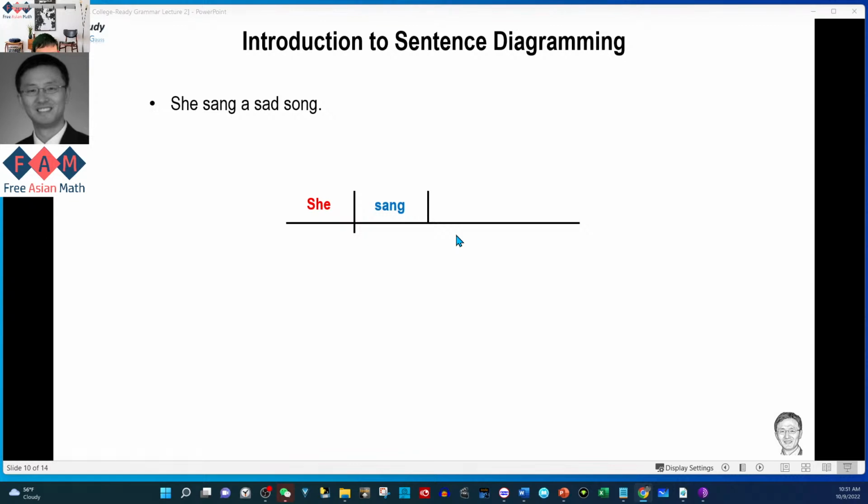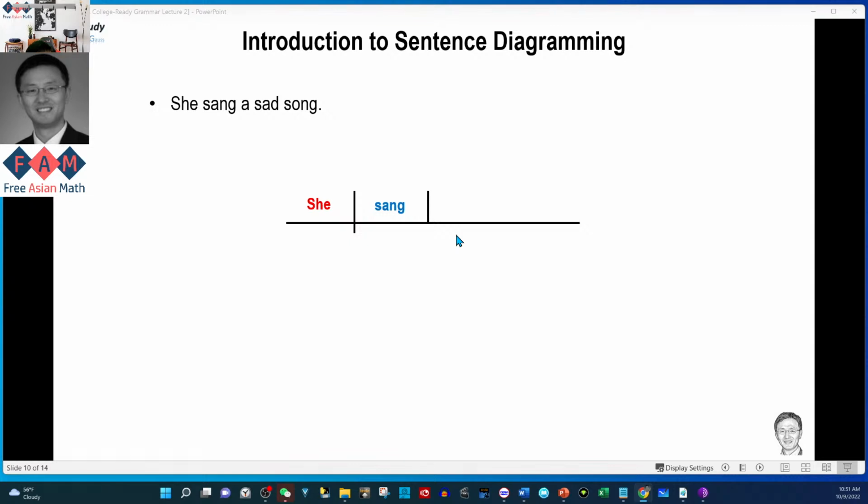Is the article 'a' an important one? Well, not so much, right? There's 'sad', but you should know, if you are in grade 7, that 'sad' is an adjective here, especially in this case. Sad is an adjective modifying song.